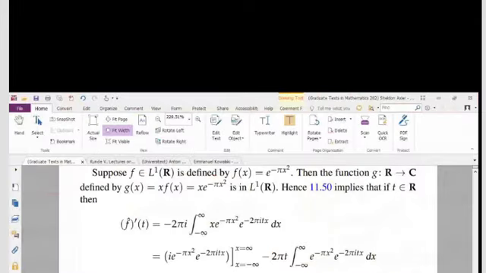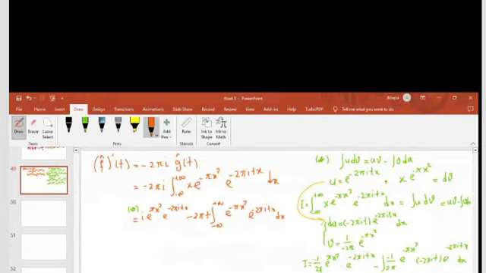So we have this equality: f hat prime of t equals minus 2 pi times this integral, and this equals these two expressions, and we must compute this from minus infinity to plus infinity. Okay.